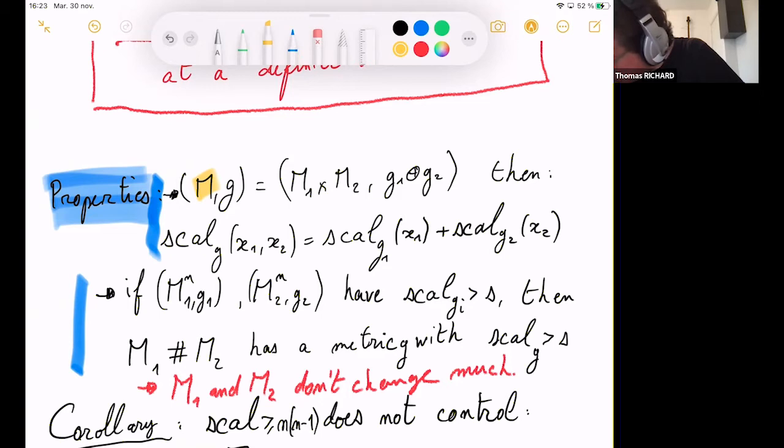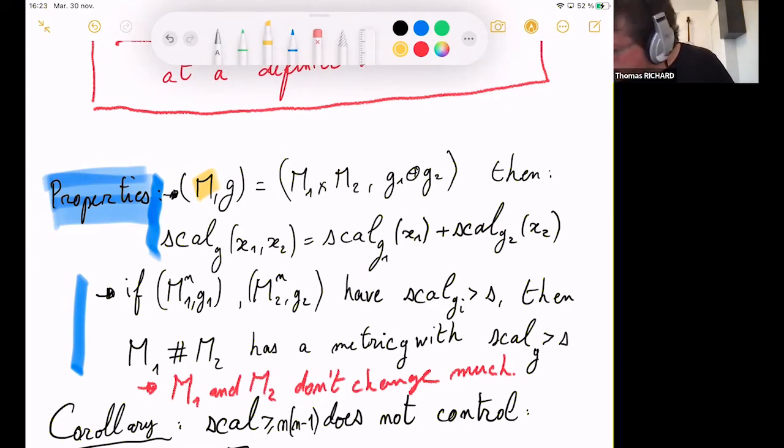And then the scalar curvature of the product is just the sum of the scalar curvatures. Another result, so this is to give us a wide range of examples.